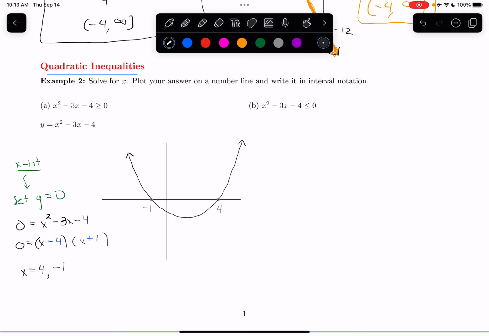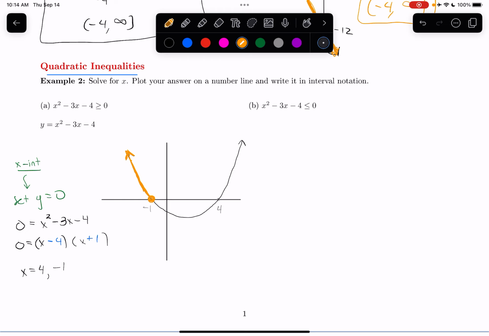The problem wants to know when this function is greater than or equal to 0. In other words, when are the y values of the function greater than or equal to 0? That's when the y values are positive, or the graph is above the x-axis. So that's this whole section. Even at the x-intercept -1, the y value equals 0, and that's allowed with this inequality, so I will shade in that x-intercept also.